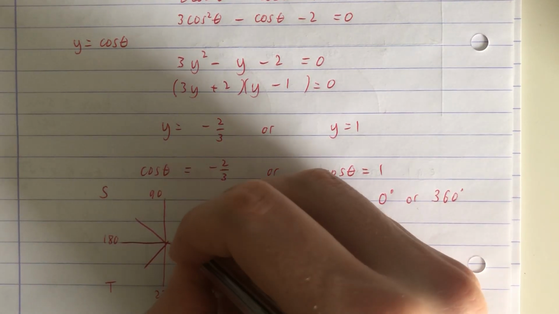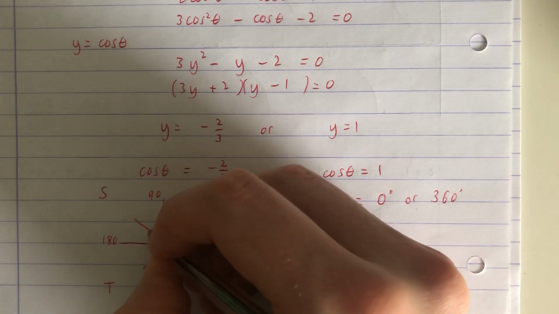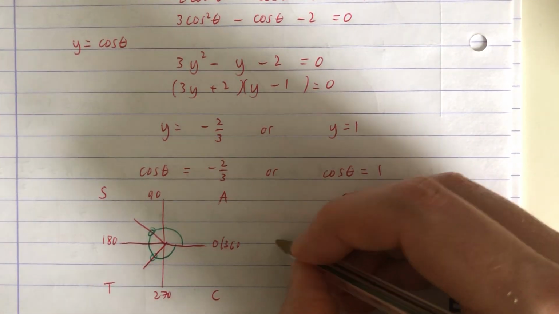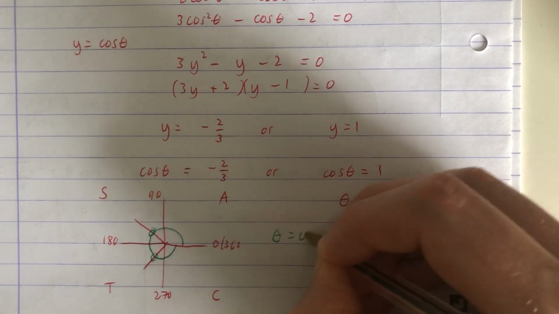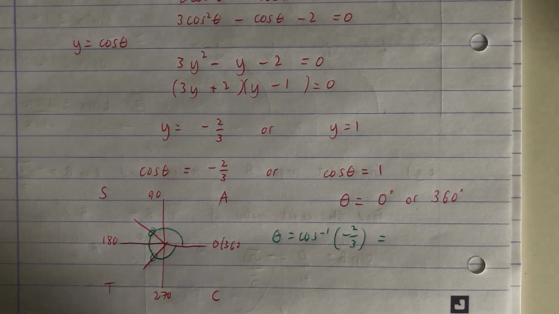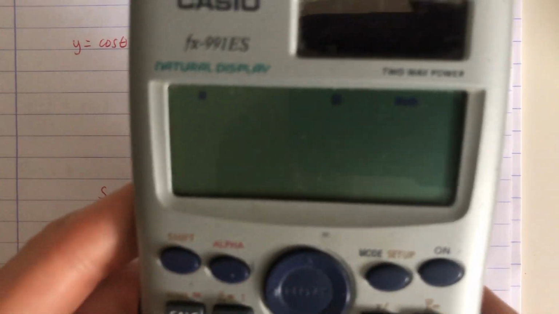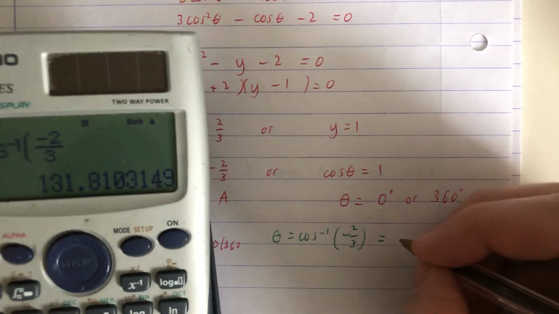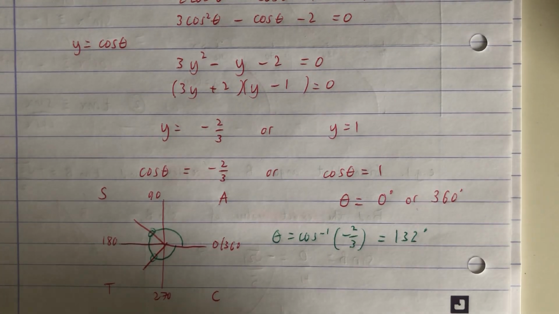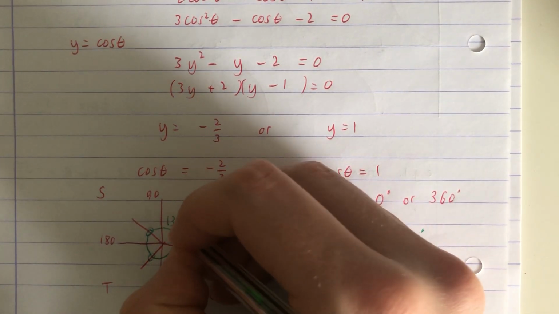If I start at 0 degrees and I go around to 360 degrees, I've got 2 answers. An inverse cos of minus 2/3 hopefully will give me one of those answers. It is 132 degrees to 3SF, which is that first one there, 132.